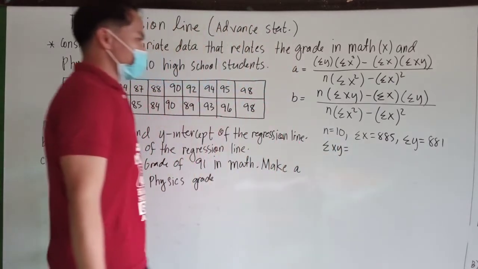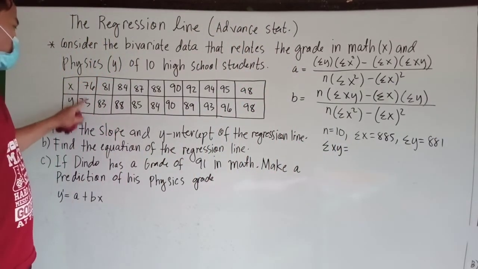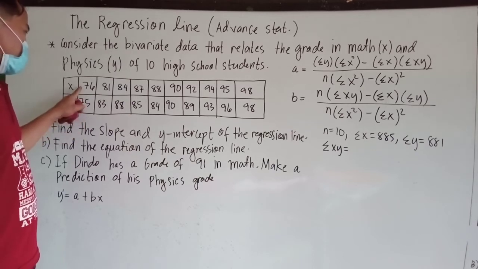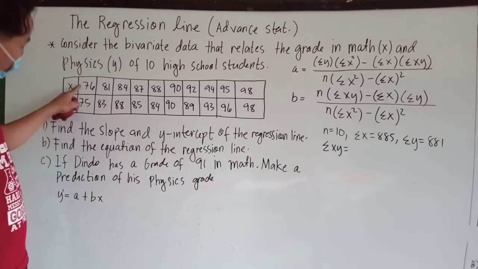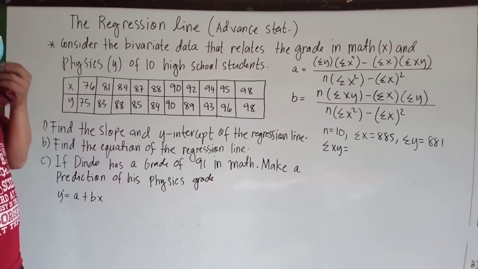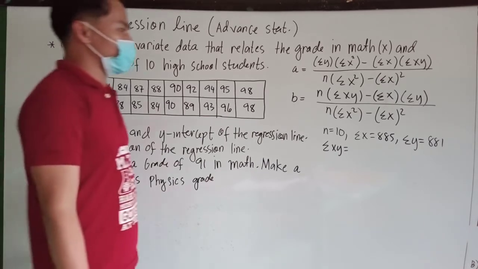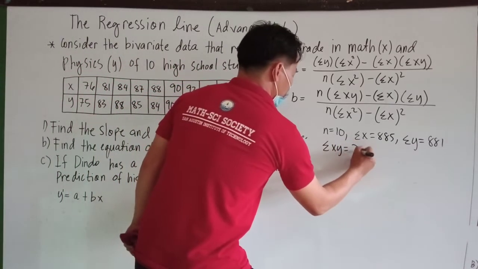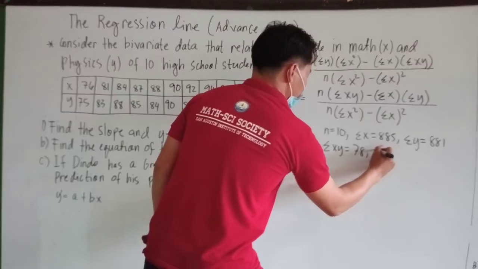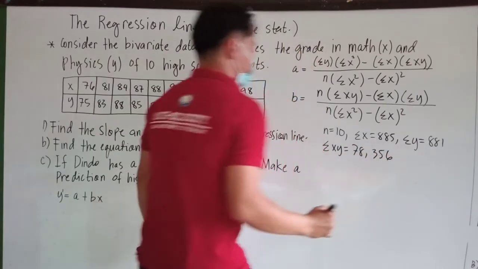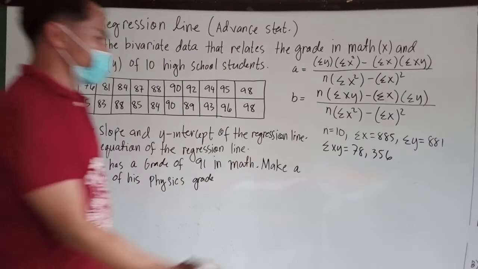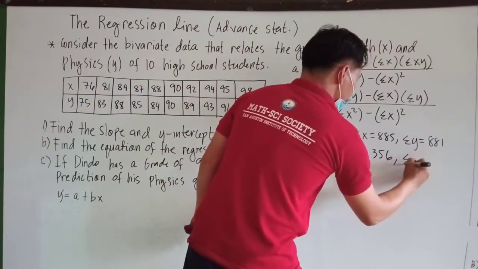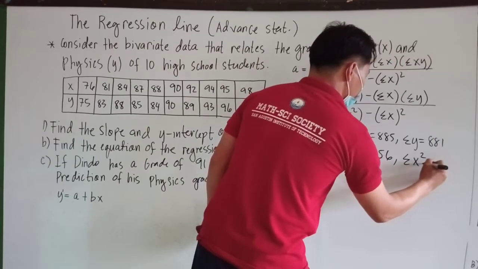Next, let us also identify summation of xy. Summation of xy means that we will multiply the math grade and the physics grade, then add all those products. So the result would be 78,356. Another one, let us also identify the summation of x squared.